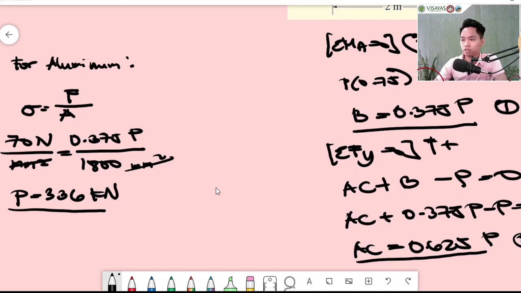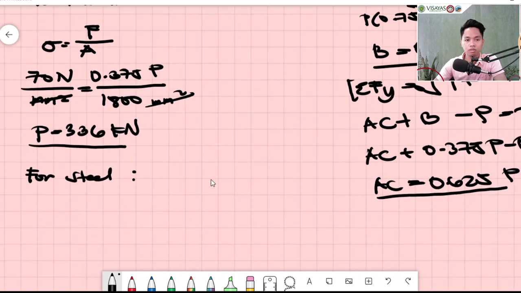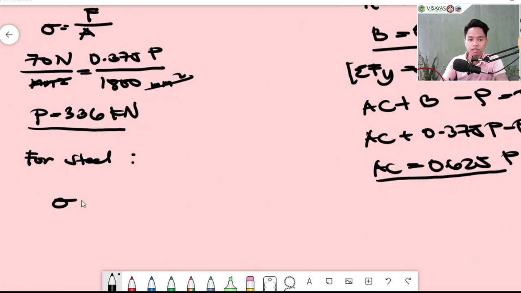Now, second for the steel, that would be the same. Stress is equal to force over area.